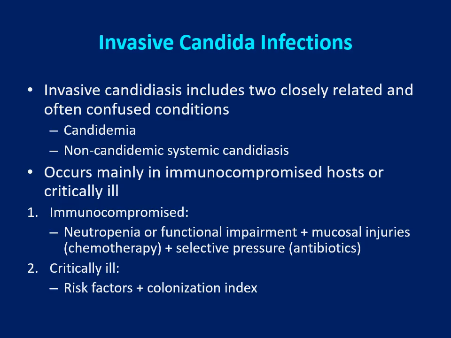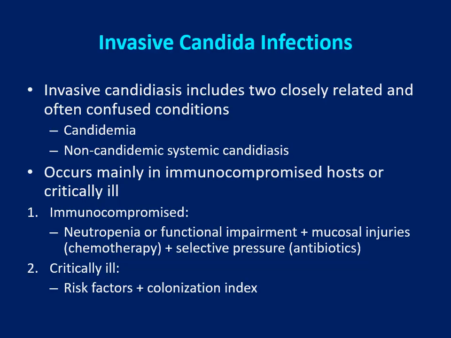In an immunocompromised individual, neutropenia is an important predisposing factor. Mucosal injury is another important factor due to chemotherapy, where you will see a lot of mucositis, and selective pressure of antibiotics. So you have an immunocompromised neutropenic patient receiving antibiotics who has mucositis because of the chemotherapy.